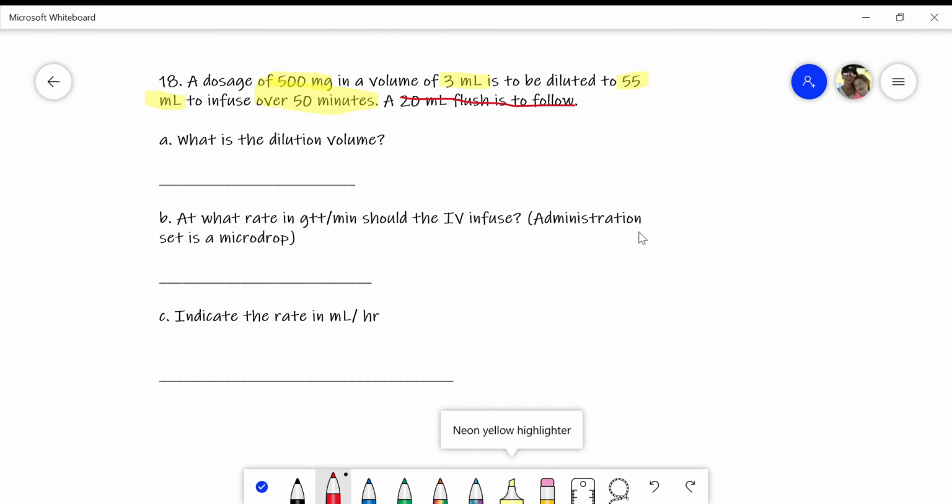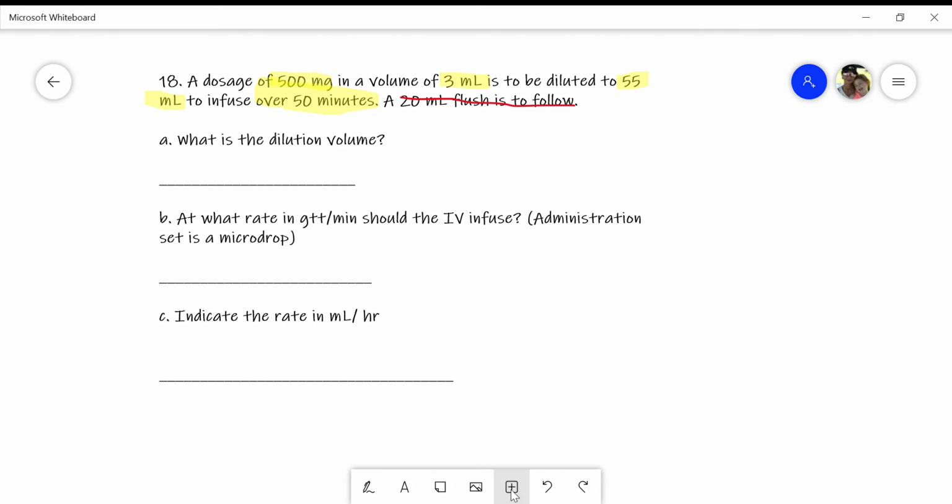So, your dilution volume, I think this is one that I kind of struggled with, honestly. So you want it to dilute to 55 milliliters total.